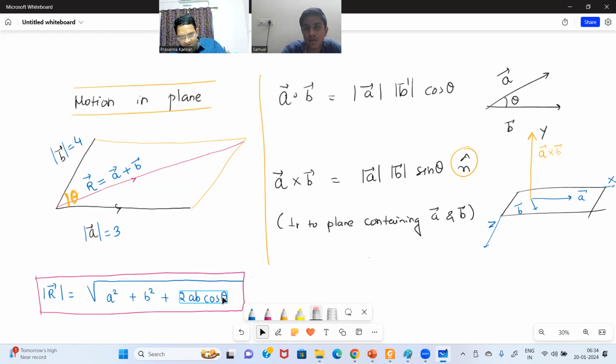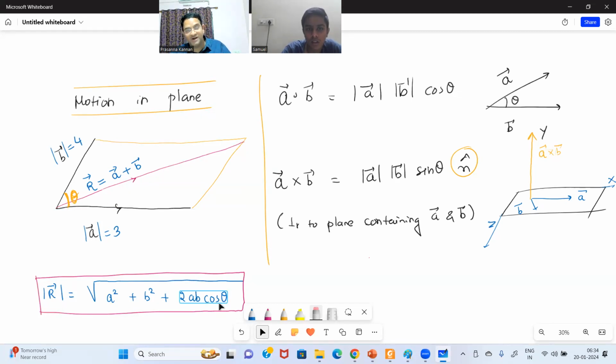Suppose theta is 90 degrees, then this term will be gone. So it will be a right angle triangle. It will be like 3 square plus 4 square, that will be 25, root of 25 is 5. Suppose both of them lie on the same line, which means theta is 0, cos 0 becomes 1, then A square plus B square plus 2AB is A plus B whole square. So the answer will be 3 plus 4, 7, when theta is 0.